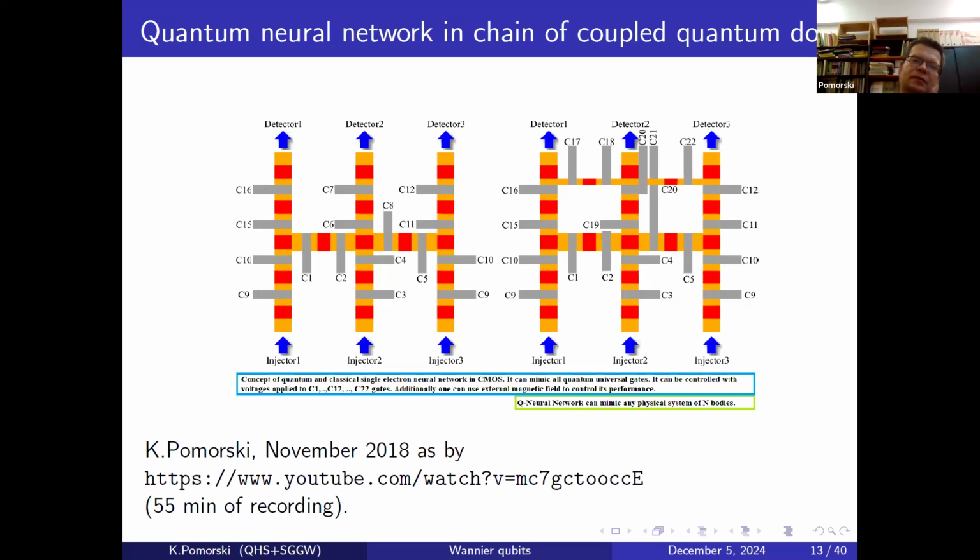So imagine you have areas where the red areas are the regions of quantum dots, and the orange ones are a kind of semi-insulator, and then you inject electrons that propagate, and there are voltage gates, and you can think about the procedure of how to train such a type of quantum neural network.